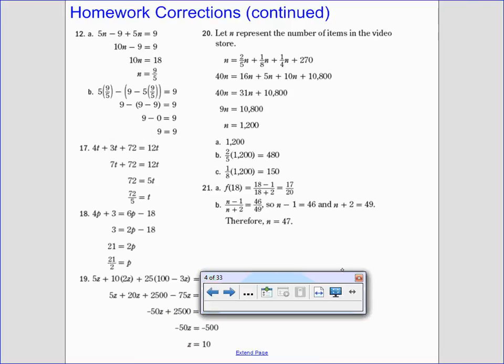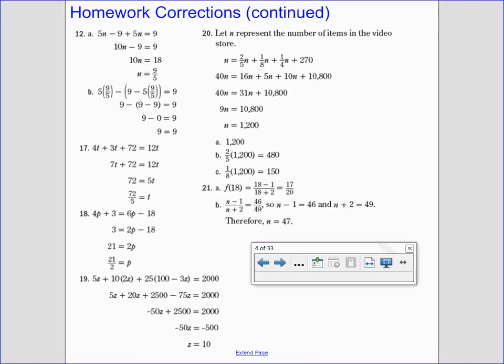Number 12, n is 9/5. B checks out. 17, T is 72/5. 18, P is 21/2. 19, Z is 10. 20, N is 1200. 21, N is 47.